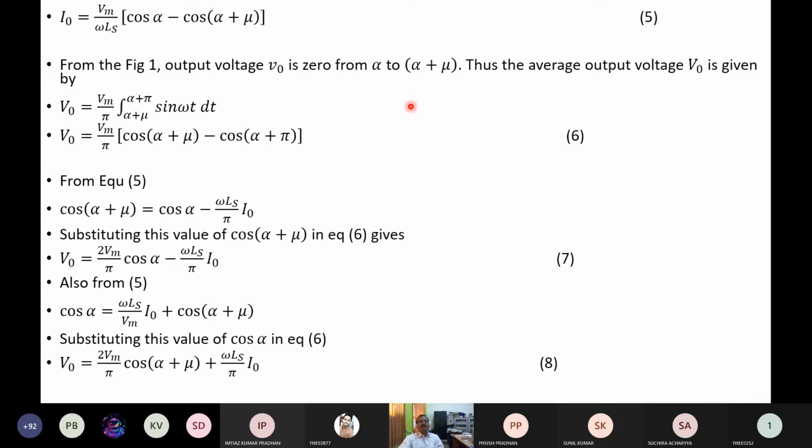Now from that figure we see V0 is 0 from alpha to alpha plus mu, during the overlap period. The average output voltage V0 is given by this, with limits alpha plus mu to alpha plus pi. This is all derived from this equation.